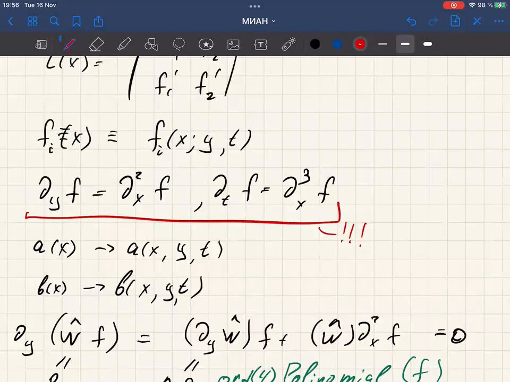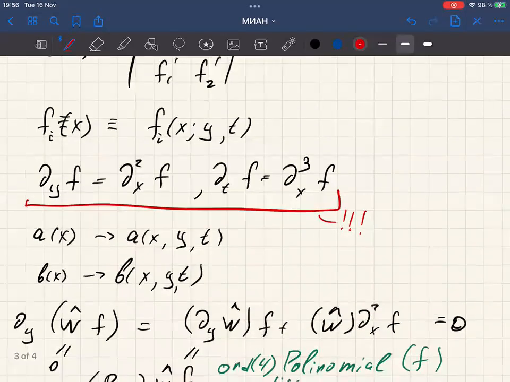It could be imposed. Okay, so now I see the point. This requirement on F implies some equations for A and B. Yes.